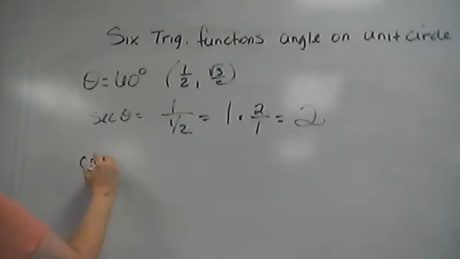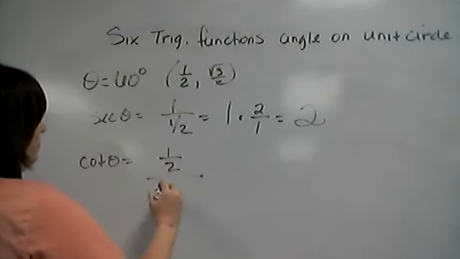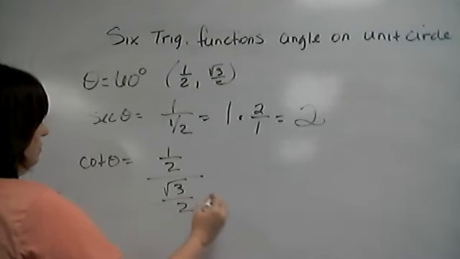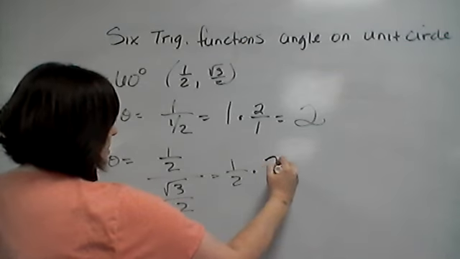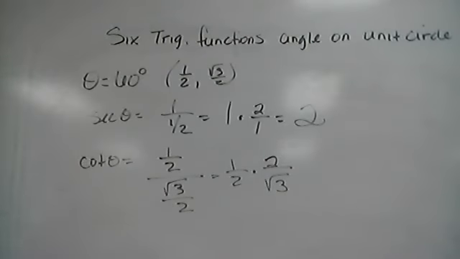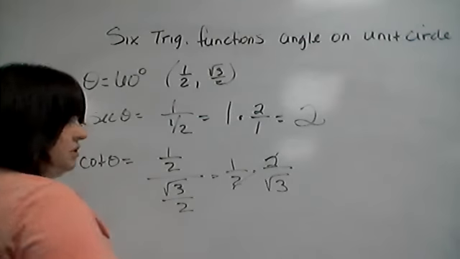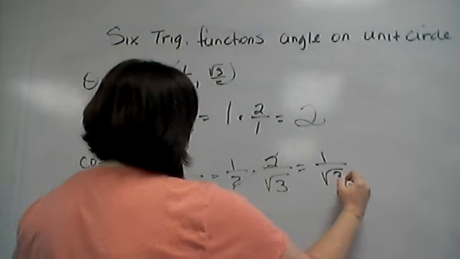And then cotangent is going to be x over y. So 1/2 over root 3 over 2. Again, we multiply by the reciprocal of the denominator. So we're going to flip root 3 over 2 upside down. 2's are going to cross out. So I'm going to get 1 over root 3.